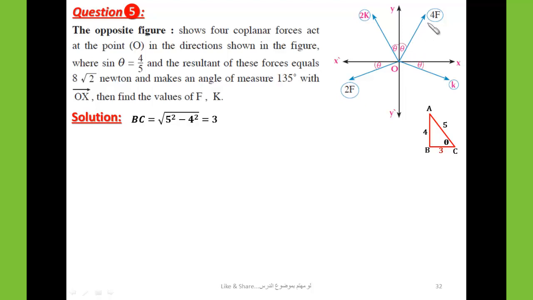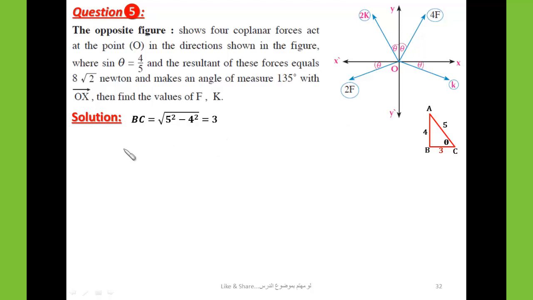For the force 4F, in the direction of OX, the component will be 4F cosine of the angle 90 minus theta. The component of 2K in the direction of OX will be 2K cosine 90 plus theta, and so on.